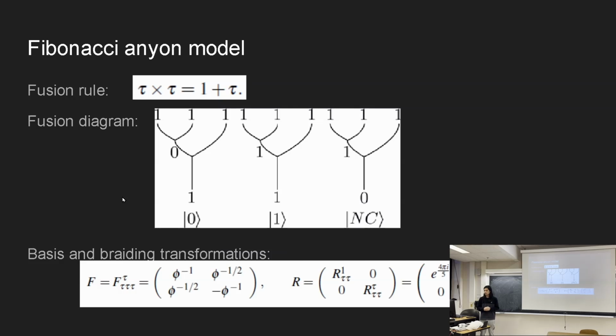And to change basis, you have the F matrix. So this phi is the golden ratio, and then for a braiding operation, you have the R matrix, which looks like this. And these matrices are different based on which anyon model you're in. So this is just it for the Fibonacci anyon model.